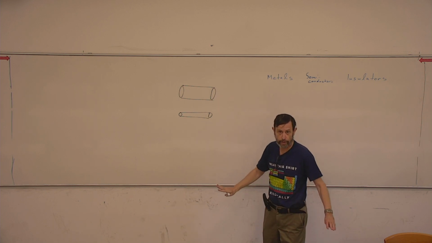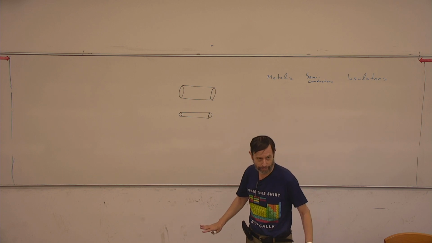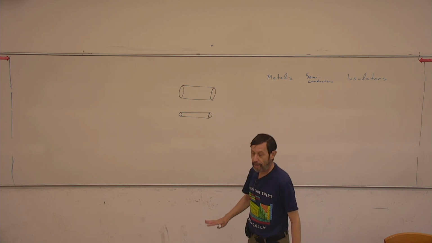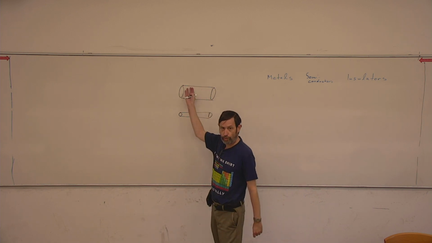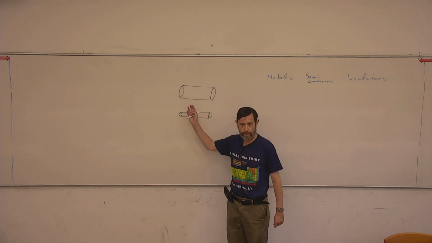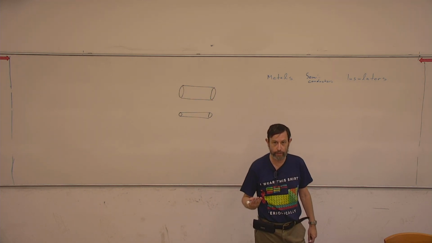It's pure geometry. And the second thing is the material from which this conductor is made.